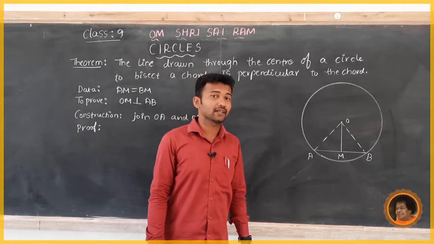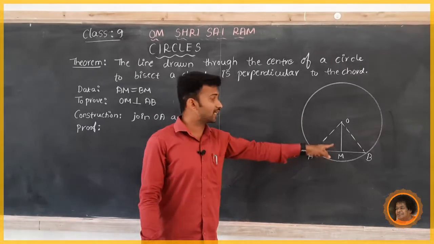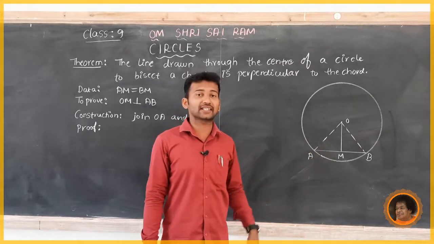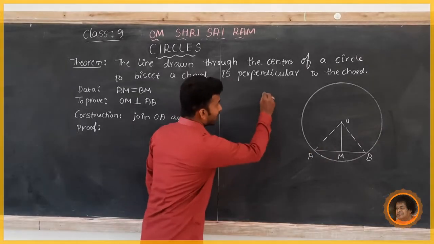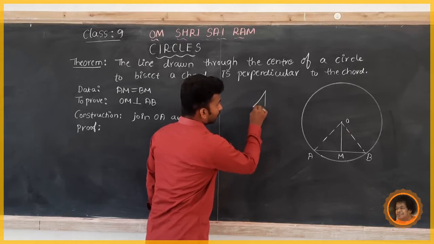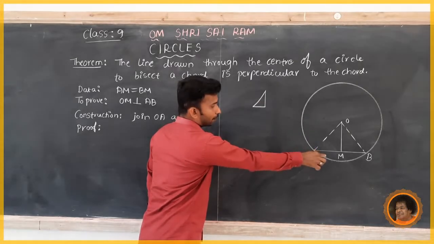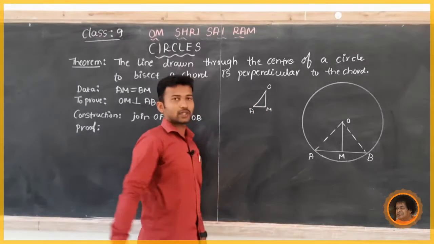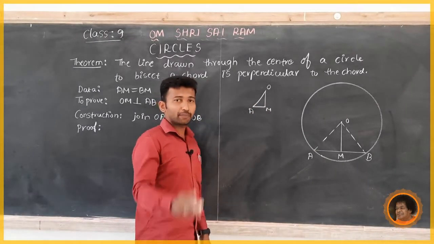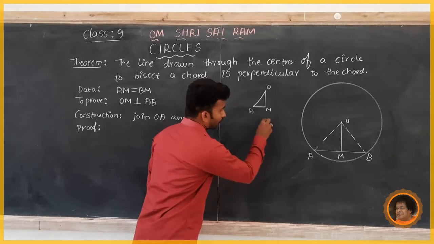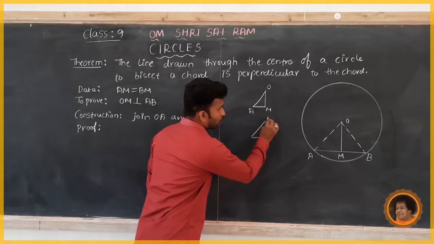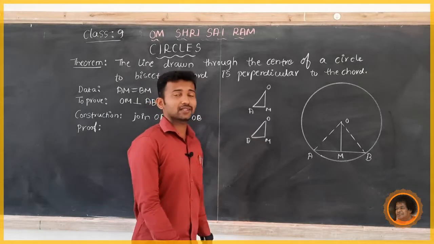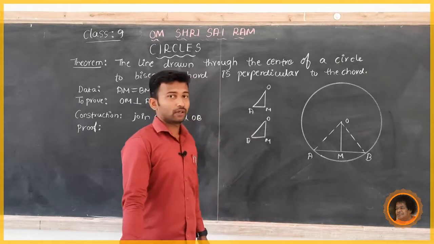What are the two triangles in this figure or in this circle? Yes, triangle OMA is the first triangle. What about the second triangle? OMB is the second triangle.